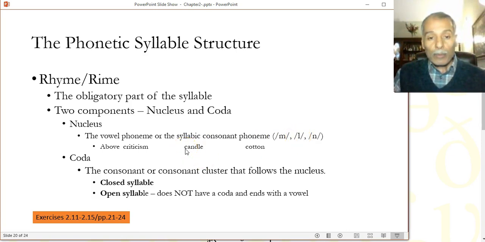So k, a, n, can is one syllable, k is an onset, an together is the rhyme, and then break the rhyme down into a nucleus and coda. And then dl. So d is an onset of this syllable, and then the syllabic l serves as a nucleus, and there is no coda.